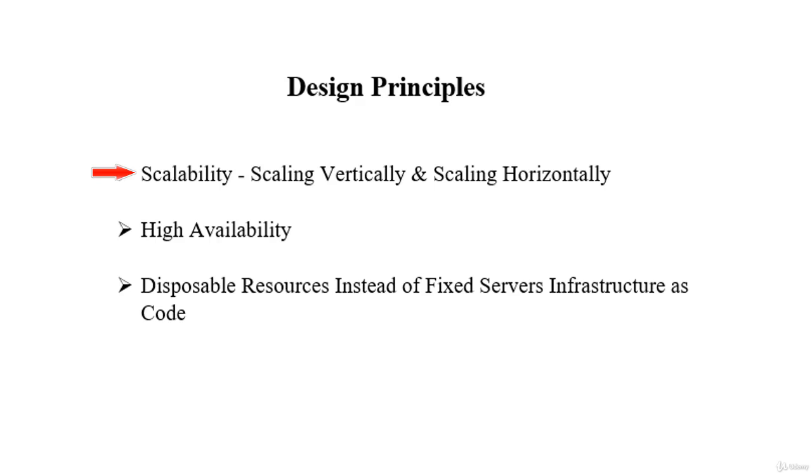Scaling vertically takes place through an increase in the specifications of an individual resource, for example, upgrading a server with a larger hard drive or a faster CPU.